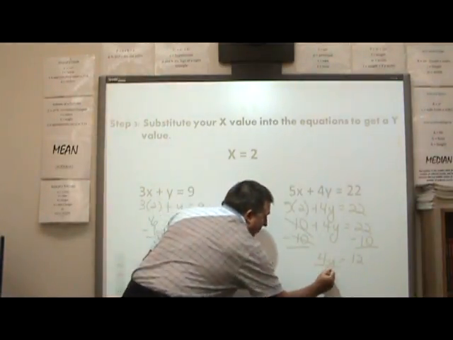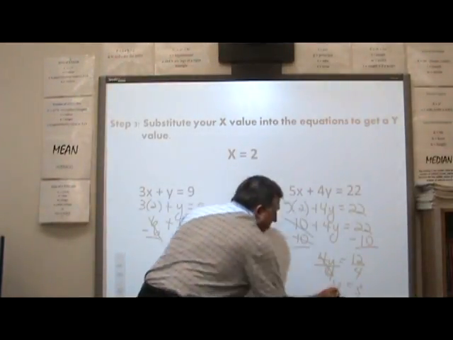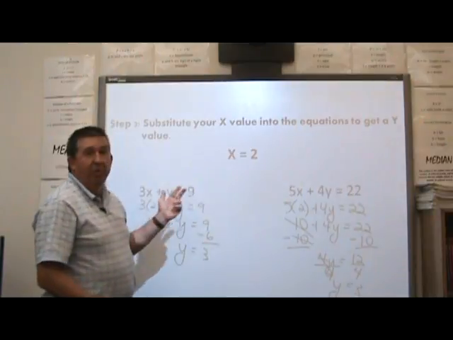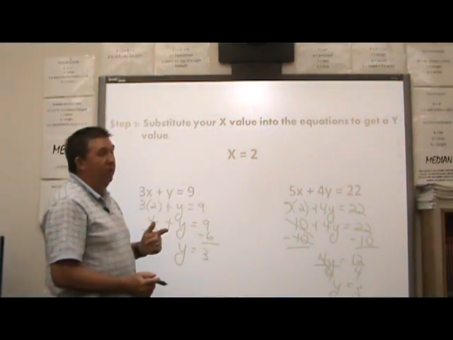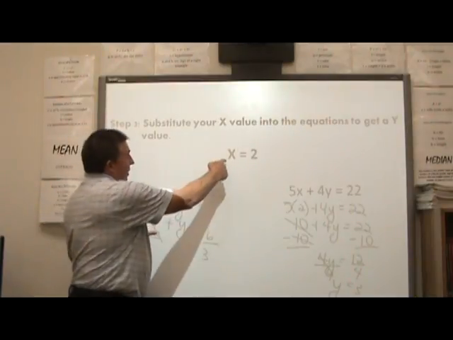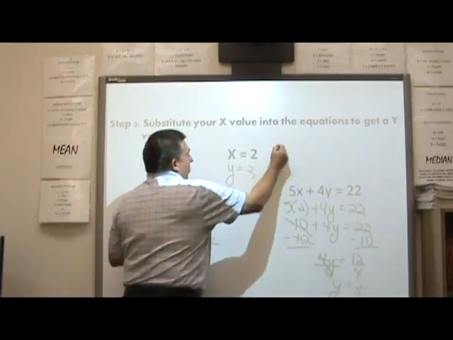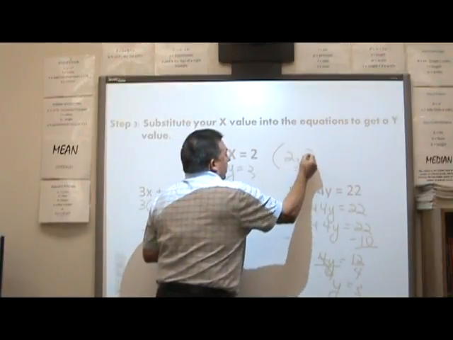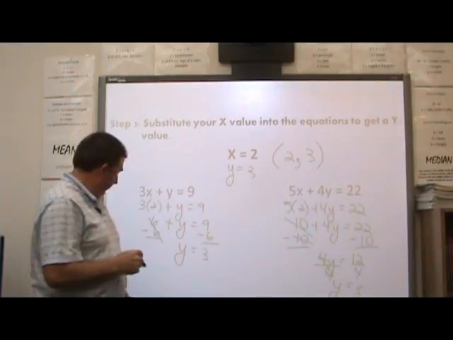And if I divide by 4 on both sides, y equals 3. So it doesn't matter which one you put it in, it works on either one, but you don't have to do both. I'm just showing you both in case you don't believe me that it works. So I have x is 2, y equals 3. My ordered pair will be 2, 3. The graph of those two lines will intersect at 2, 3.